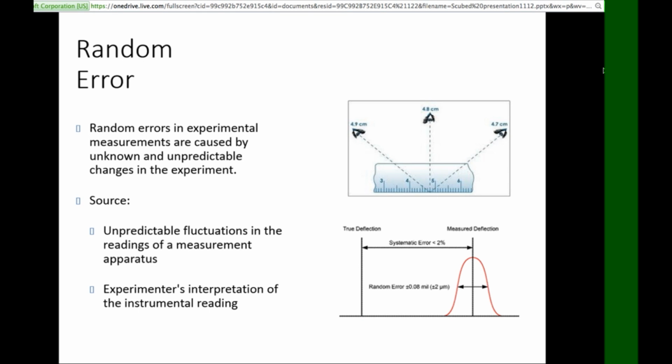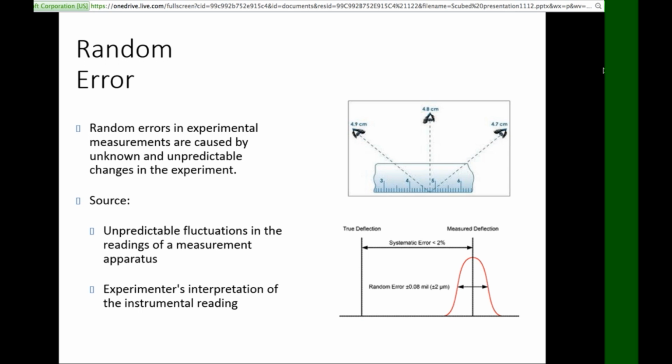Let's now turn to random errors. Random errors are unpredictable fluctuations in the measured data. Basically, the word random indicates that they are unpredictable. They are scattered on both sides of the actual value, meaning that, for instance, if the quantity I'm measuring should be 5, a random error gives me results which are both above 5 and below 5.